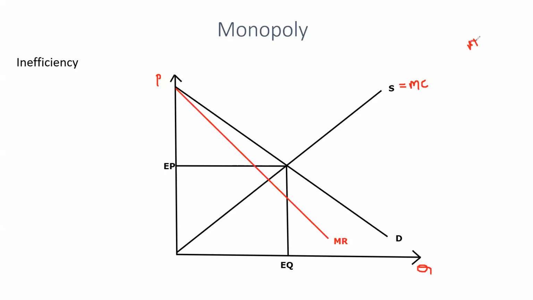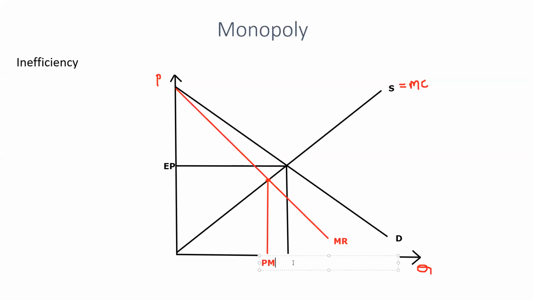Remember that main point: profit maximization happens where MR is equal to MC. So that's exactly what I'm doing now. I'll check where MR is equal to MC. It's here. This is where MR is equal to MC. So for a monopolist, what is a profit maximizing output? It's here.